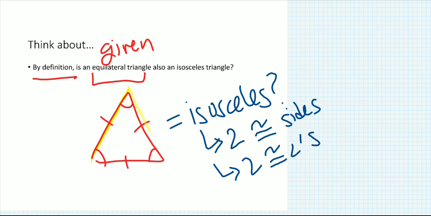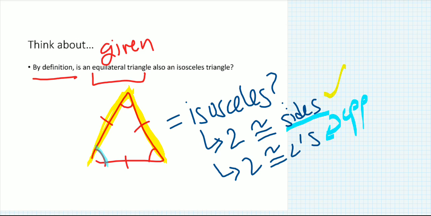So if you notice, based off of this equilateral diagram, do I have the two sides? Well, yes, I do, because I just highlighted them. And then, do I have two congruent angles? But you've got to be careful which ones I highlight, because it's really important. For an isosceles, the sides and the angles are opposite each other.